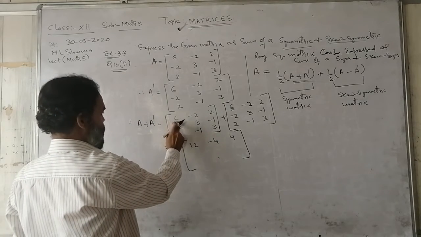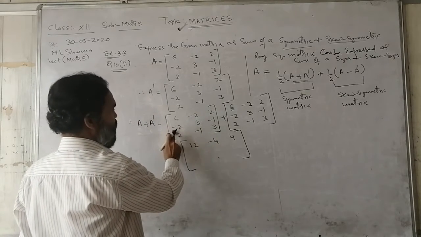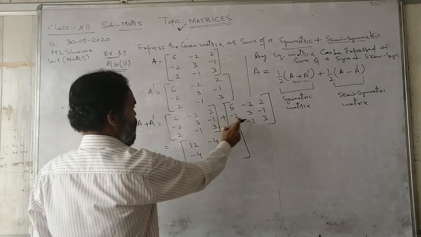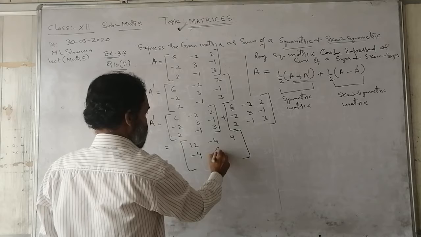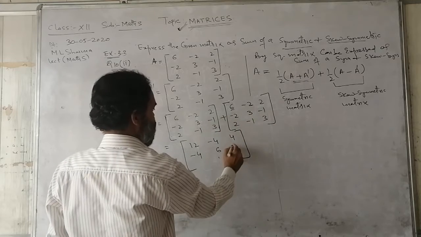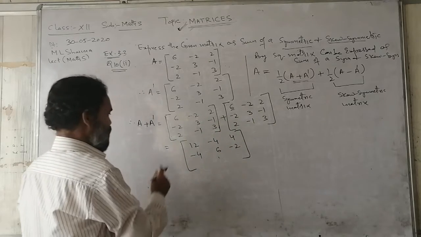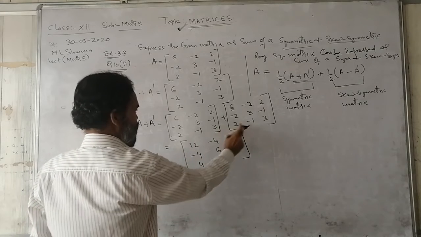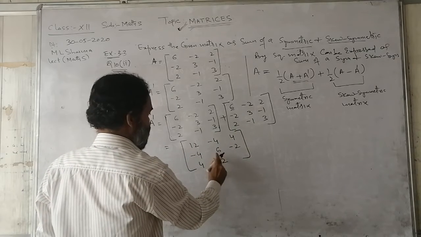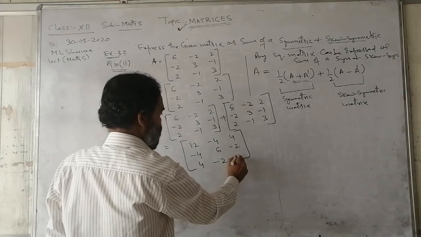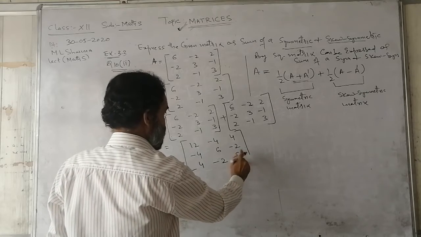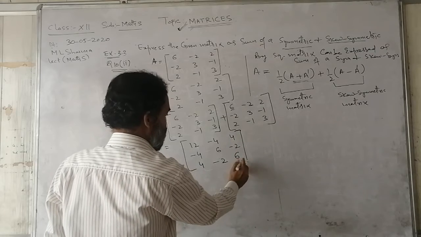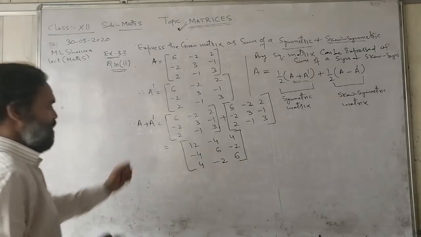So again -4, 3 plus 3, 6 here, -1 plus -1, -2 here, and lastly 2 plus 2, I will have 4 here, -2 here, and 3 plus 3, 6 here. So this is the value of A plus A transpose.